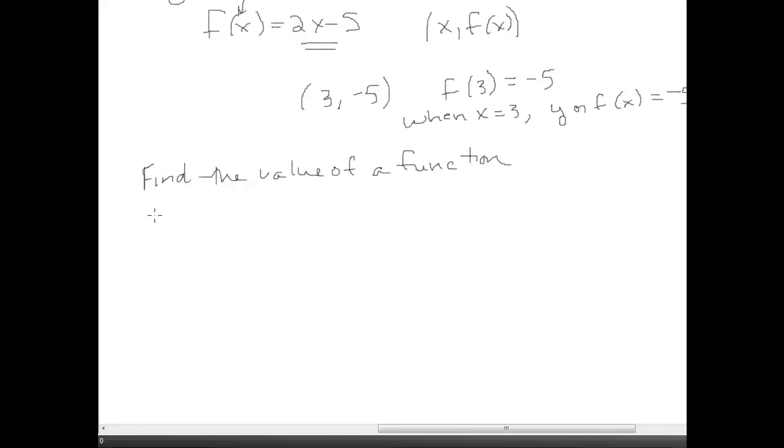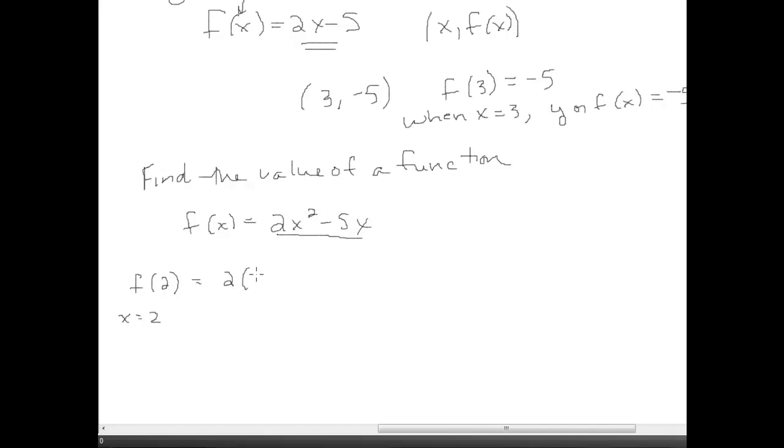So, for example, let's say f of x is equal to 2x squared minus 5x, and then you might be asked to find f of 2. So what that means is, what is 2x squared minus 5x when x is 2? So I'll substitute 2 in for x in the f function.